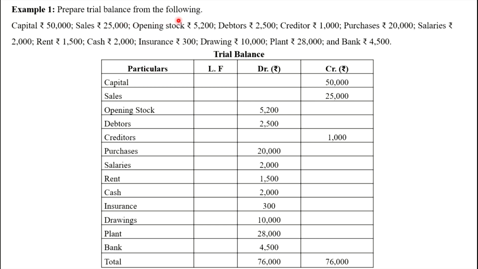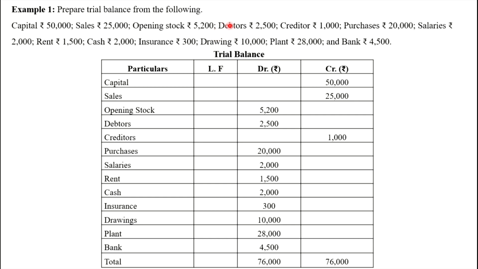Prepare the trial balance from the following: capital account rupees 50,000, sales 25,000, opening stock 5,200, debtors 2,500, creditors 1,000, purchases 20,000, salaries rupees 2,000, rent rupees 1,500, cash rupees 2,000, insurance rupees 300, drawings rupees 10,000, plant 28,000, bank 4,500.